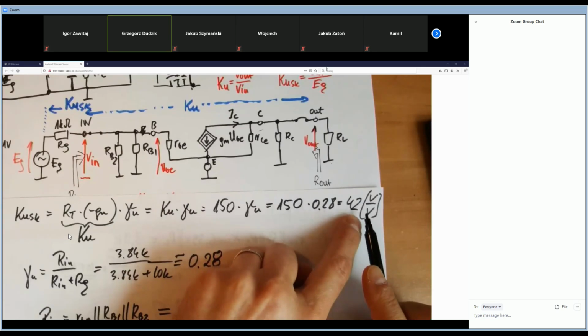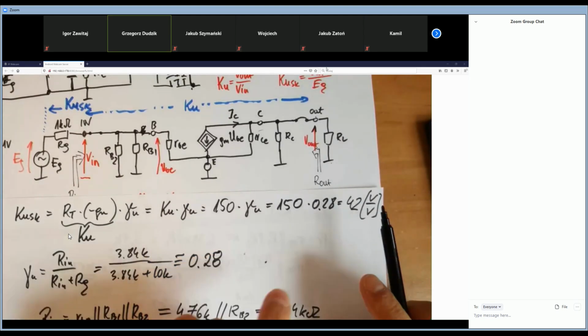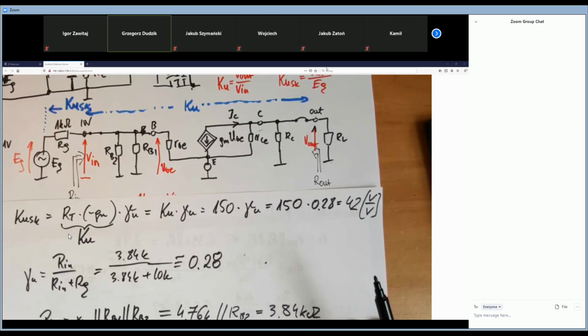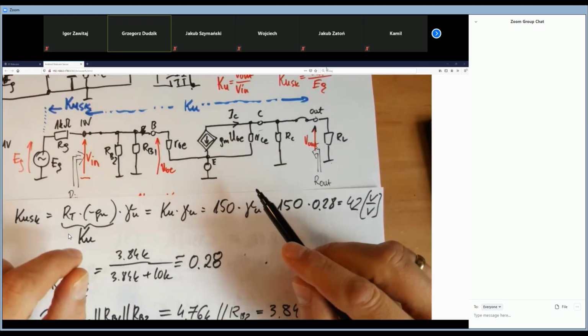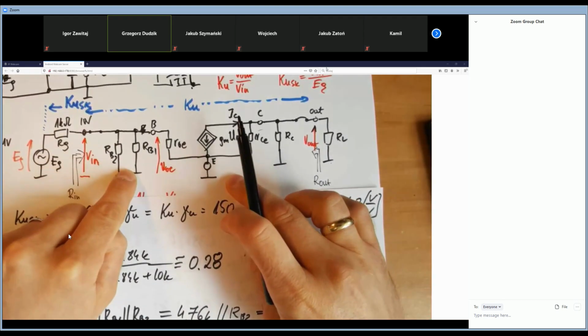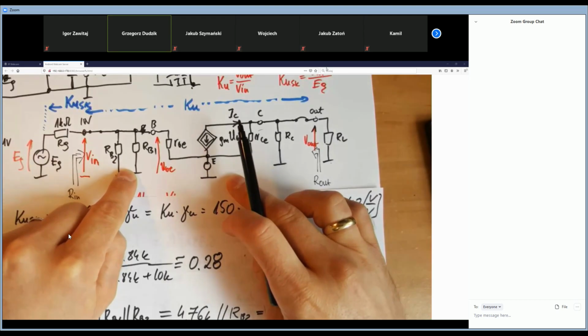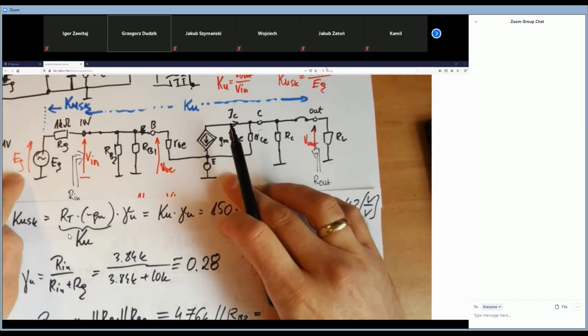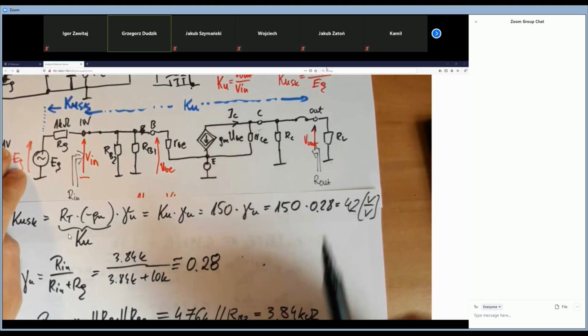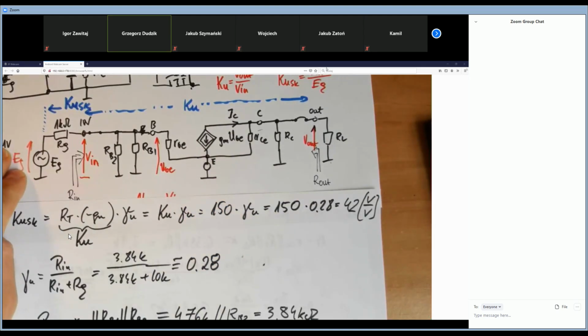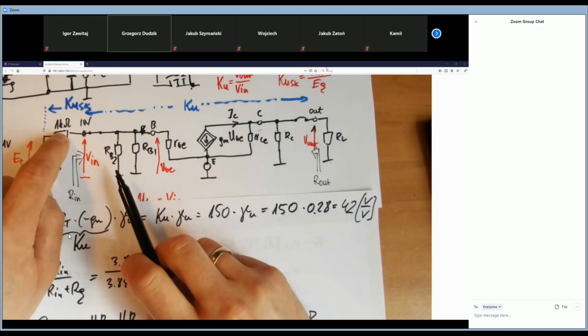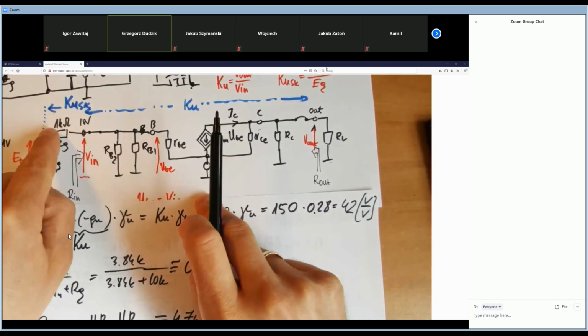So as you see, if I ask you, I know that Ku for our amplifier is 150, I set the EG at 1 volt, what is the output voltage? Many students will tell 150 volts. No. Why? Because in fact on the input we've got the voltage divider here.